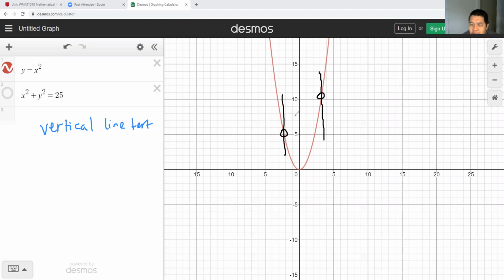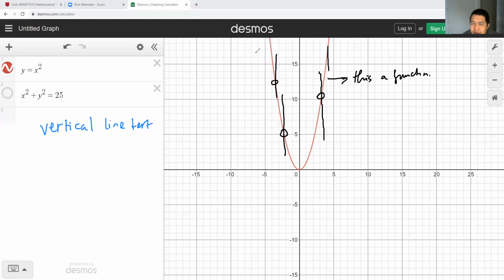So all of those vertical lines will only cut at one point in your graph. That tells you there is only one intersection point between the vertical line and your graph, and that shows this is a function. So that's the simplest way to see if you have a function or not.